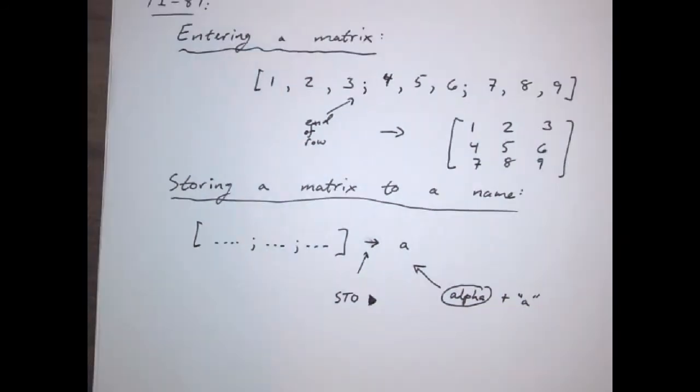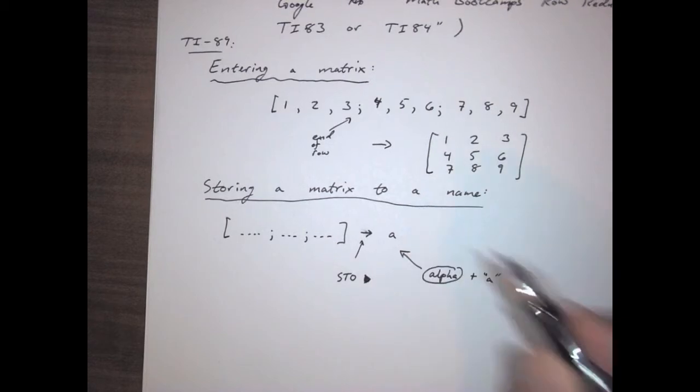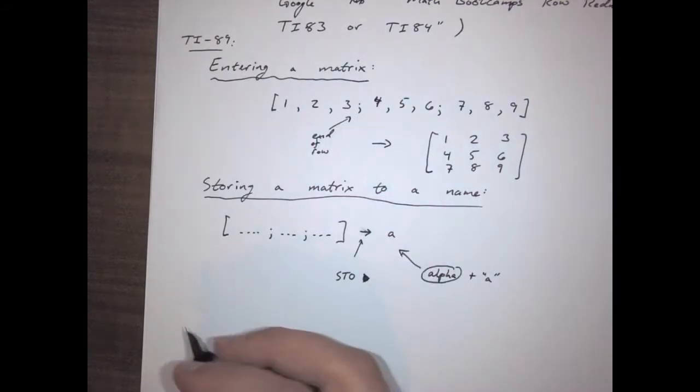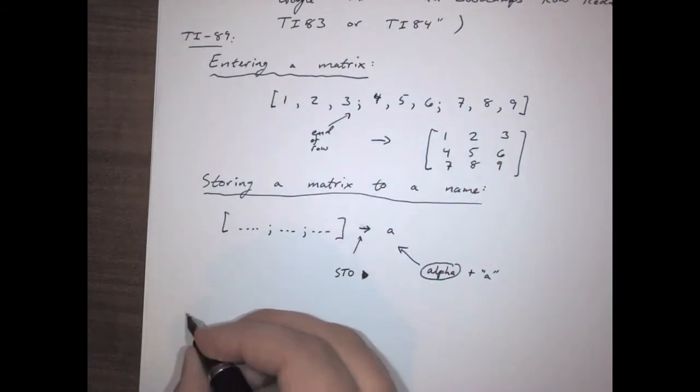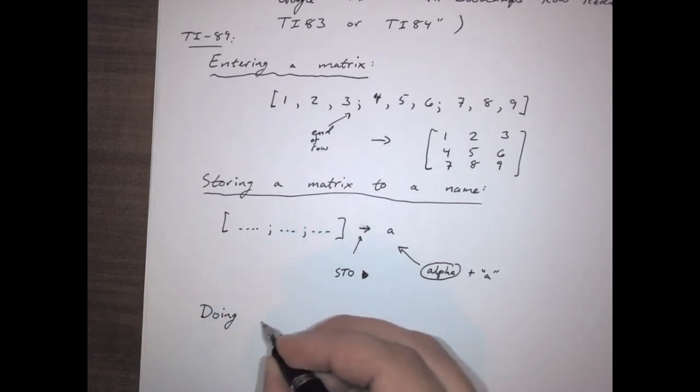It can be more than one letter long, it can be any letter, and as long as you keep on typing without any symbol in between, it will be fine. So you can store a matrix to a name such as A.